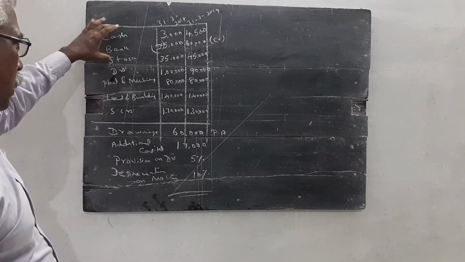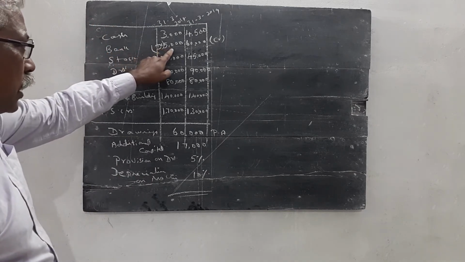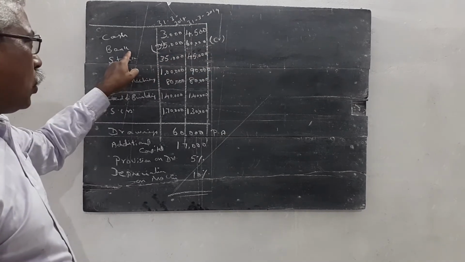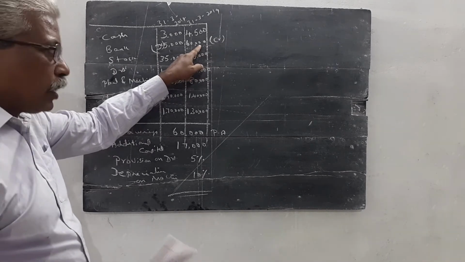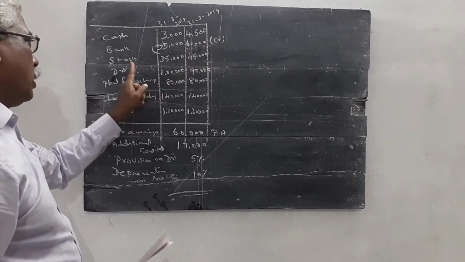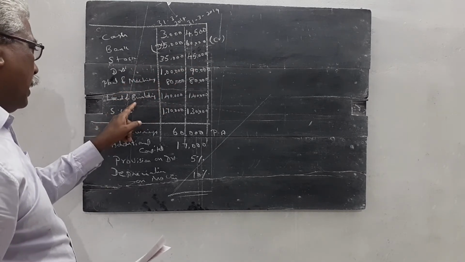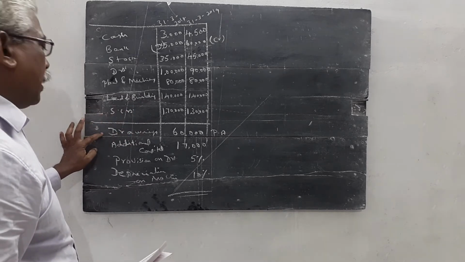Once again, this is an asset. Bank: this amount comes on the asset side, this amount comes on the liability side, because the bank account shows a credit balance. If the bank account shows a credit balance, it is a liability. Stock, both are assets. Debtors, plant and machinery, land and building, sundry creditors. Drawings 60,000 per annum.